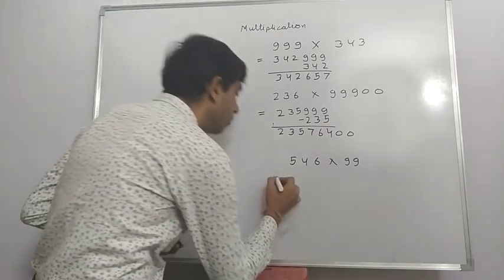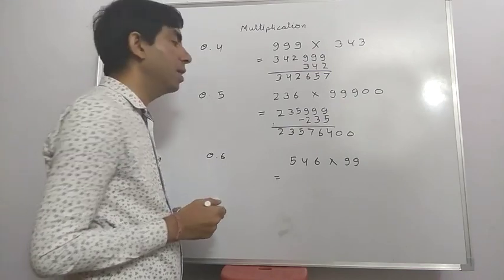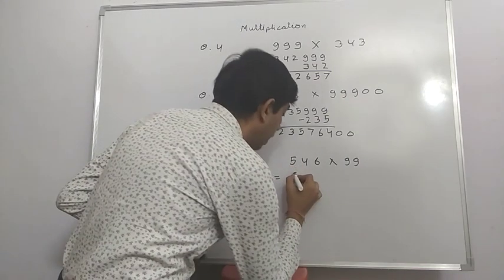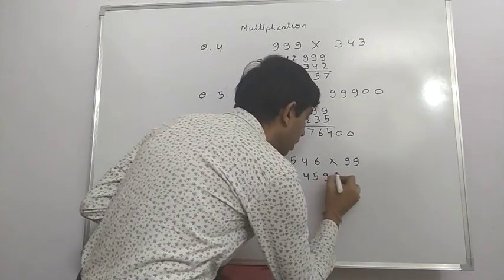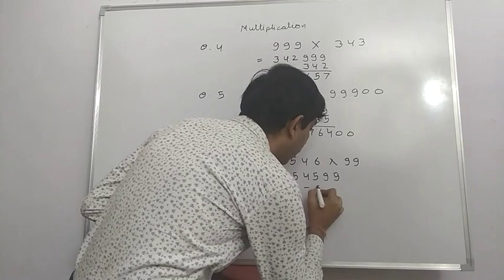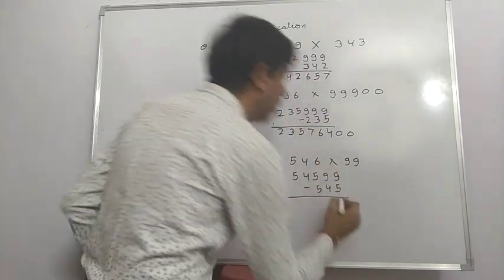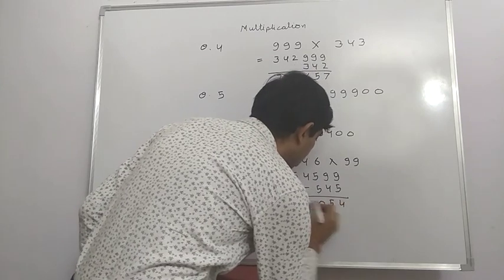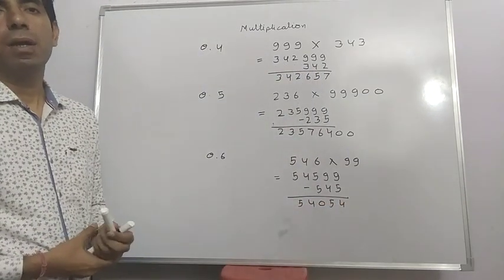Always write the previous number of the number not made of 9 digits. So write 545, then 99, and subtract 545. Then we get the answer 4914. It is our answer.